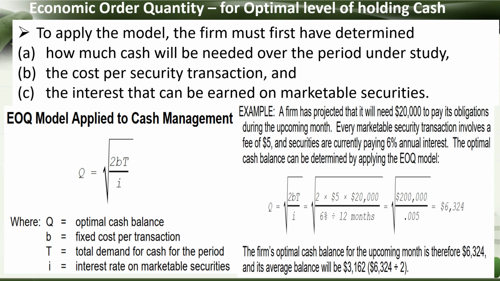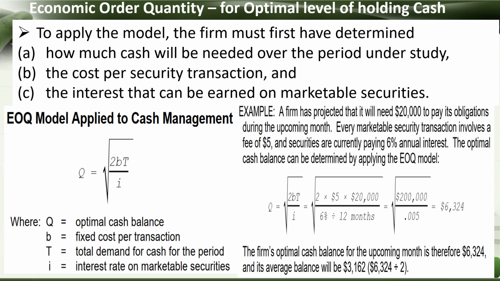For example, a firm has projected that it will need $20,000 to pay its obligations during the upcoming month. So that is that period. Every marketable security transaction involves a fee of $5, and securities are currently paying 6% annual interest.